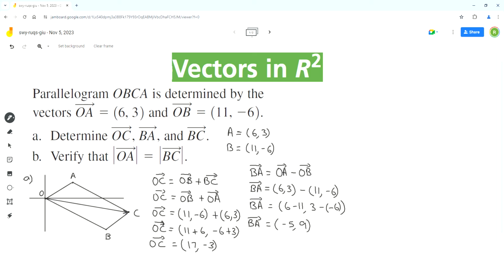Now we can find vector BC. For vector BC, we can break up BC into its position vectors. We found vector OC as (17, -3), and OB is given as (11, -6).